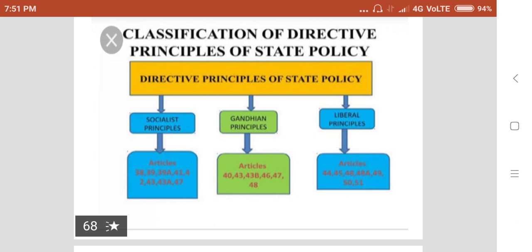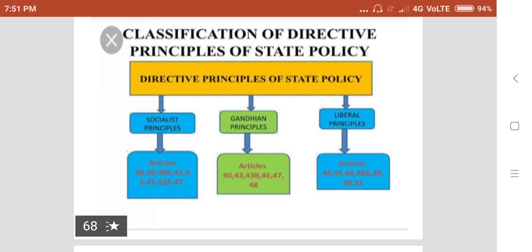Directive principles of state policy, socialist principles. There are some articles mentioned here, and under these articles, all socialist principles are clearly explained. Then Gandhian principles, there are some articles: 40, 43, 43B, 46, 47, 48 like that.